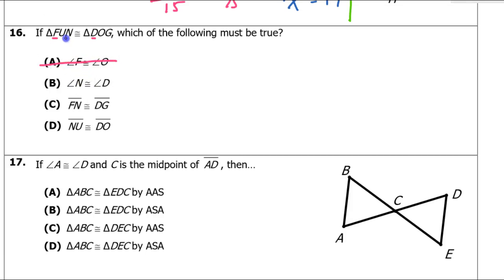Angle N should be congruent to angle G, because they're in the same position, not angle D. So that's not it. Okay, segment FN, see the F and the N, should be congruent to segment DG. And that's what they have. So the answer is C.